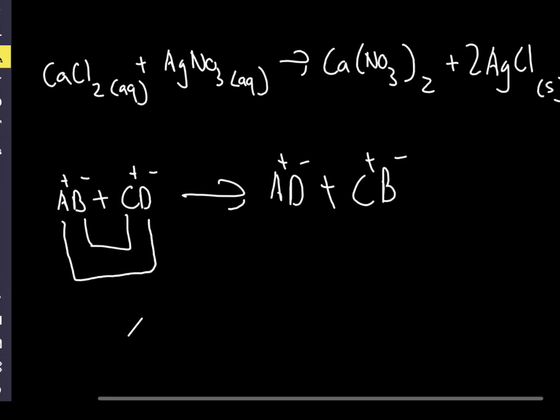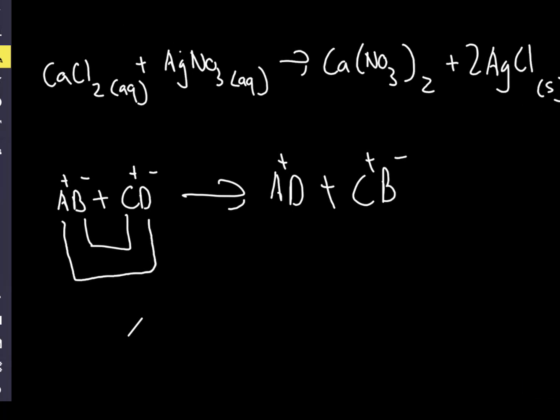But you see how the cation pairs with the anion in the other section, and the other cation pairs with the anion on the other section. This is the case for this one. This one pairs with NO3. The Cl pairs with the Ag. And you can see right now these two things have swapped, and these two things have swapped.